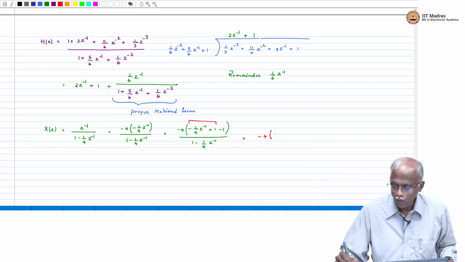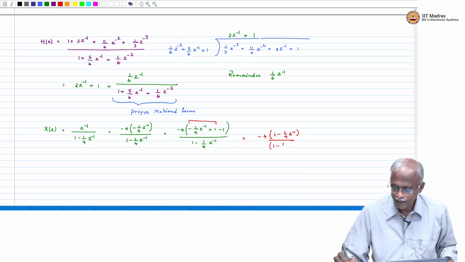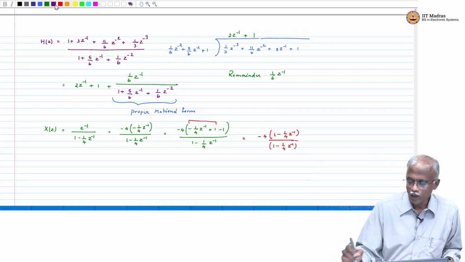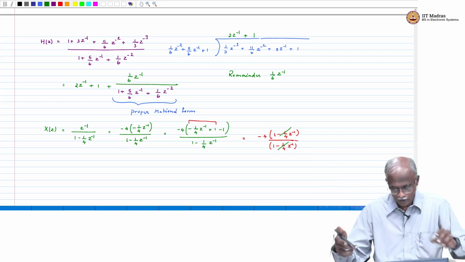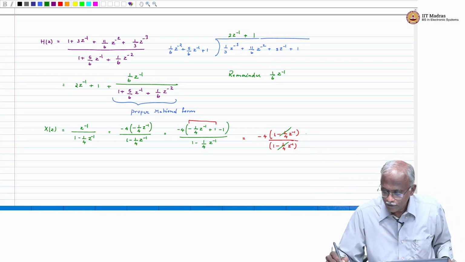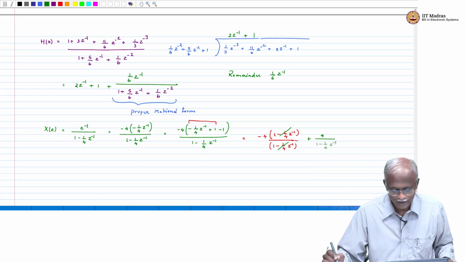Minus 4 times 1 minus 1 by 4 z inverse, the first two terms, divided by 1 minus 1 by 4 z inverse. Okay, so obviously these two will cancel. So if you had done the long division also, you would have gotten the same answer, and what you are left with in the proper rational form will be equal to plus 4 divided by 1 minus 1/4 z inverse.